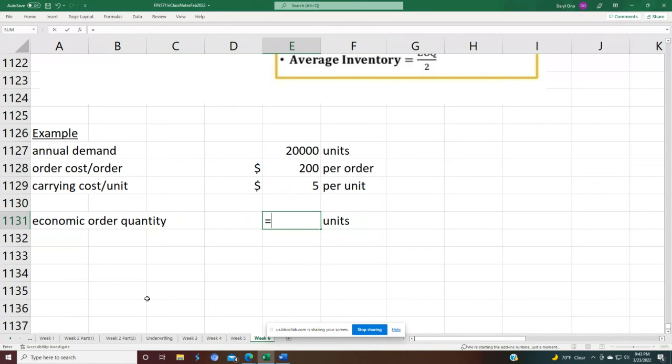But this is going to be equal to, in the numerator, 2 times the annual demand times the ordering cost per order, all of this divided by the carrying cost per unit.